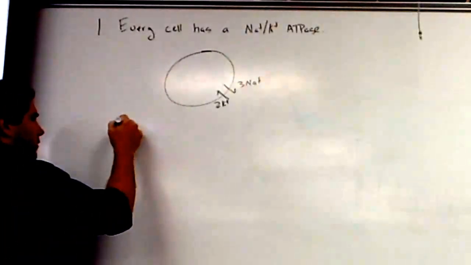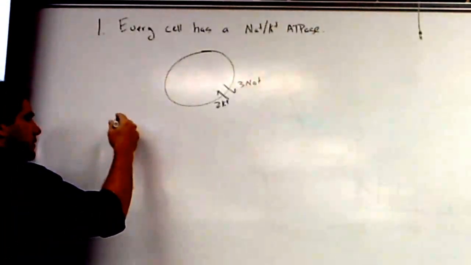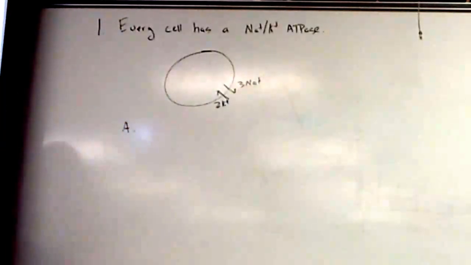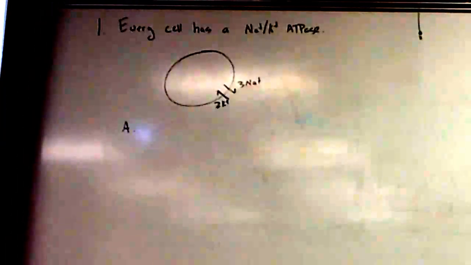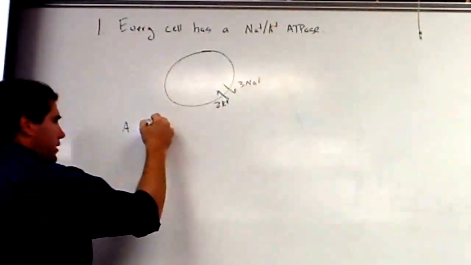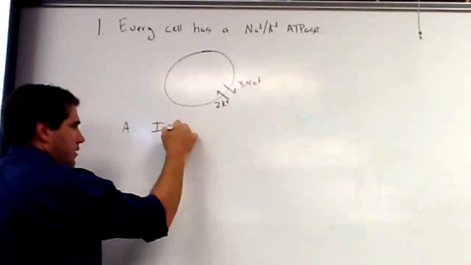In order to do that, though, first you need to recognize that there's 2 consequences of the sodium-potassium ATPase, or 3 depending on how you break it down. The first consequence is that there's an ion distribution.